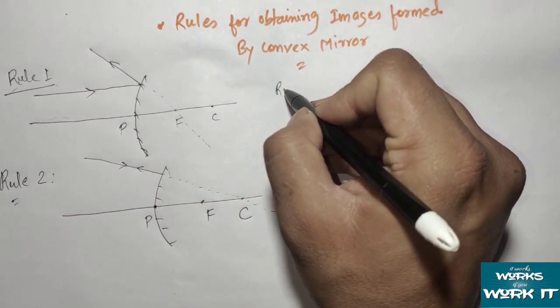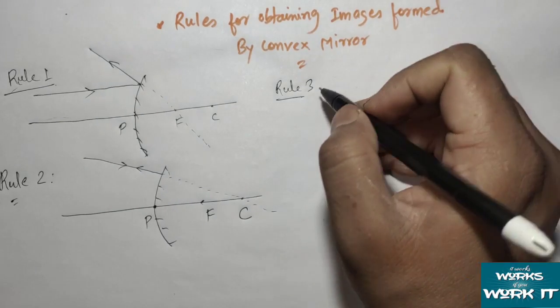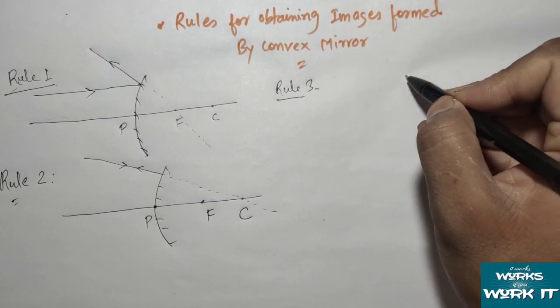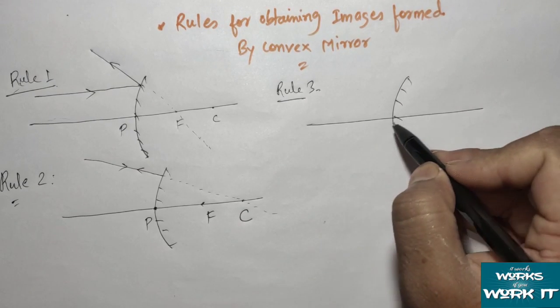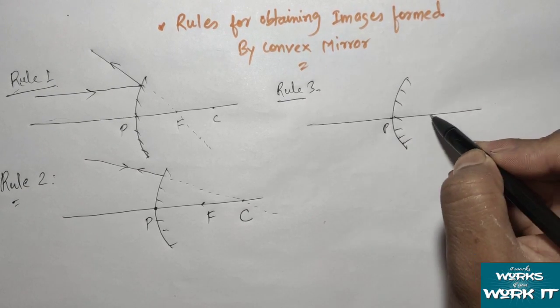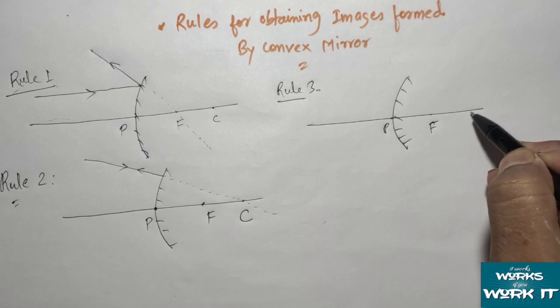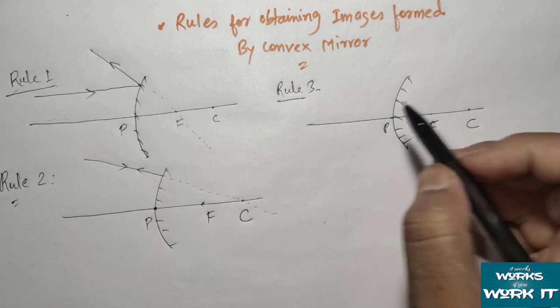Next, the third rule. Again I will draw a convex mirror and a principal axis. This one is the pole, this one is the principal focus and this one is the center of curvature.